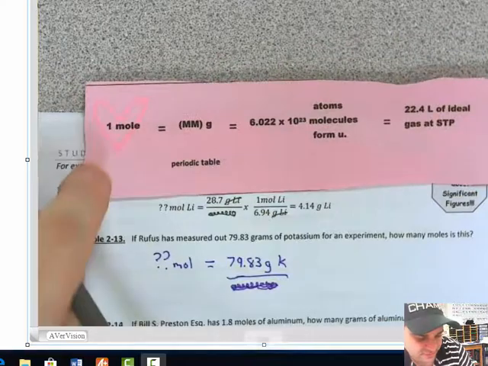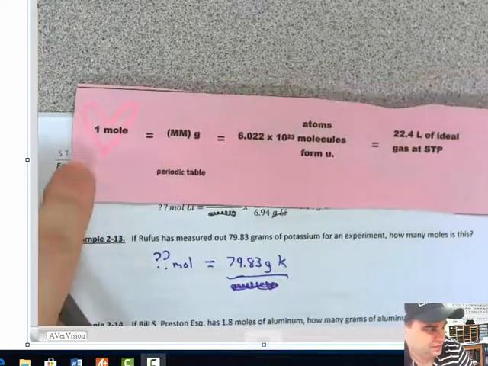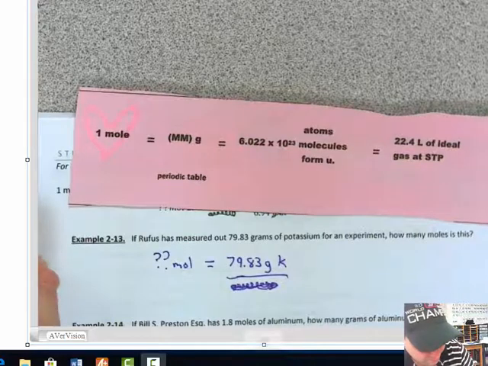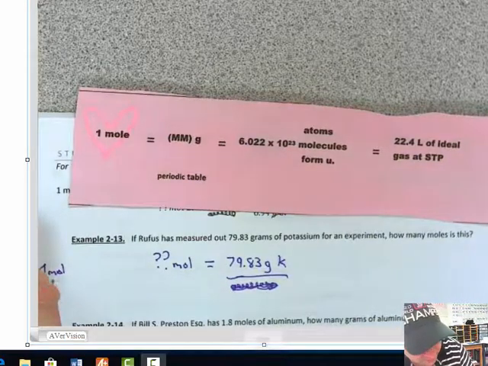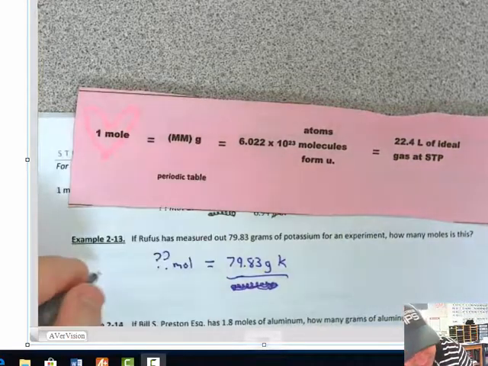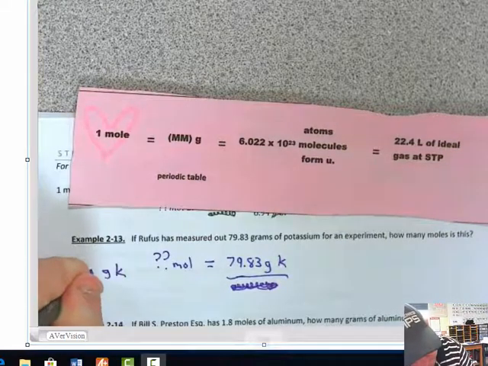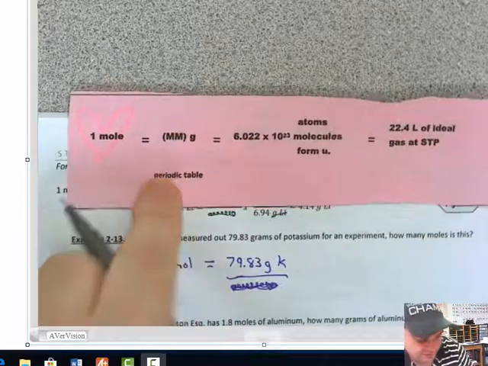So we've got to figure out our conversion factors. Notice that this is the mole tape. This always says 1 mole of potassium, which is K, is equal to the molar mass in grams of K. Notice that we have to go to the periodic table.